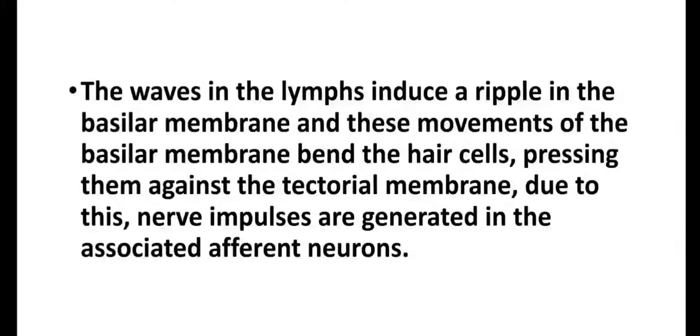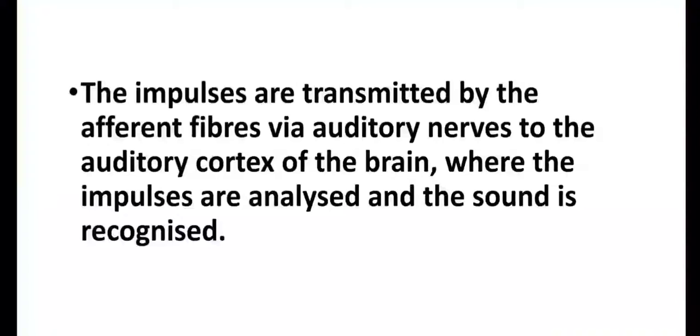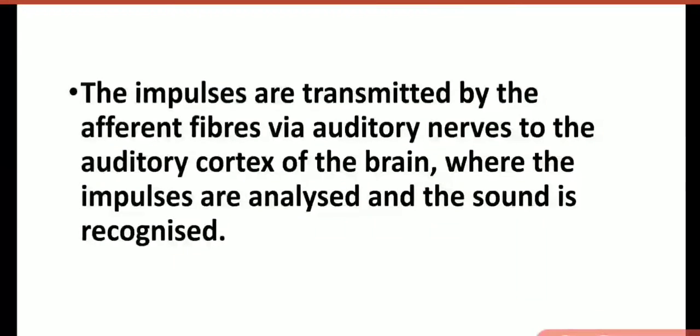The waves in the lymph induce ripples in the basilar membrane, and these movements of the basilar membrane bend the hair cells, pressing them against the tectorial membrane, due to which nerve impulses are generated in the associated afferent neurons. These impulses are then transmitted by the afferent fibers via the auditory nerve to the auditory cortex of the brain, where these impulses are analyzed and sound is recognized.